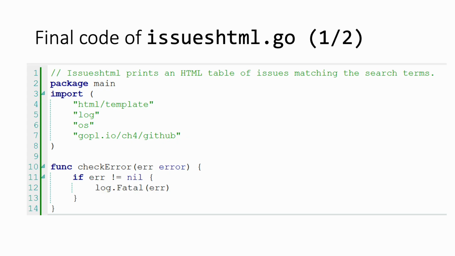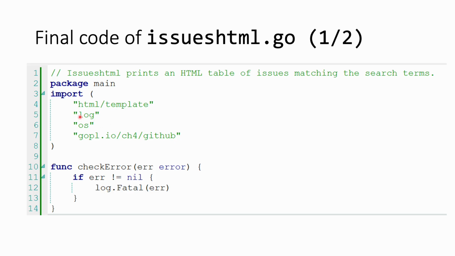Okay, so now let's look at the final code of the issuesHTML.go program. In the first part of the code, we import the packages that we need, including the html/template and the github package.